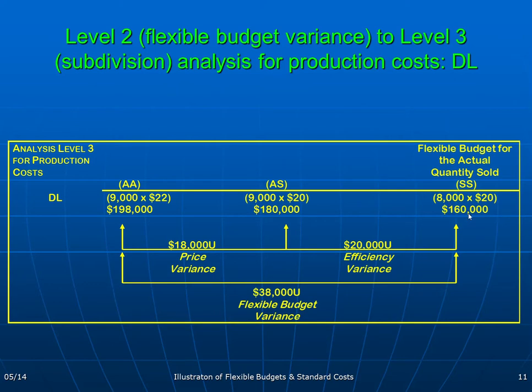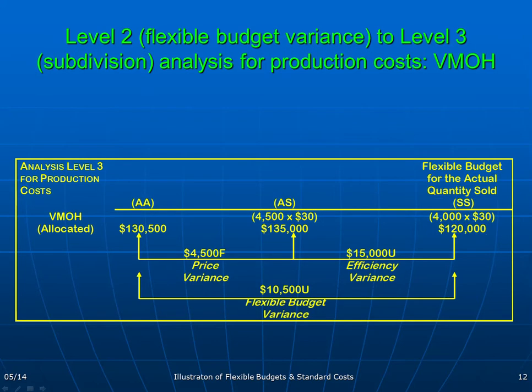So that's $160,000, and we squeeze out our unfavorable $20,000 efficiency variance. Collectively, these add up to our $38,000 unfavorable flexible budget variance. As I said just a moment ago, we already determined that these amounts were going to be unfavorable. We just didn't know how much.